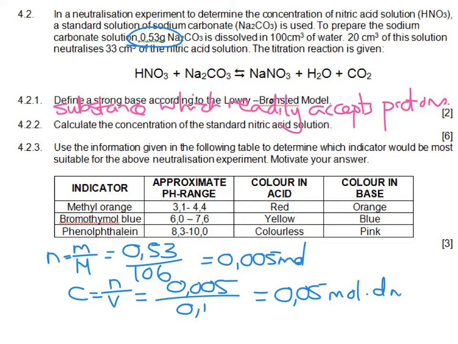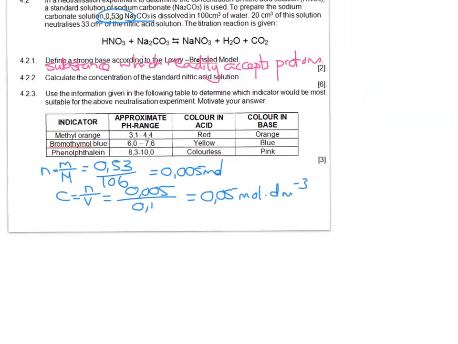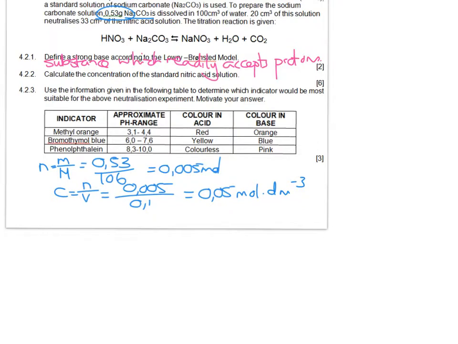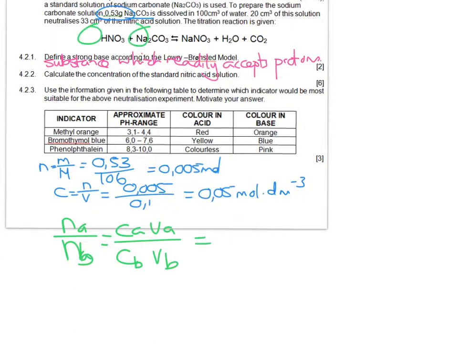And now I've got the concentration of the sodium carbonate, so I am in a position to work out my titration. Number of moles of acid over number of moles of base is equal to concentration of acid times volume of acid over concentration of base times volume of base. It's equal to 1:1, except for the fact that this isn't balanced. So we need to go 2 over there, 2 over there, and then it's going to work.